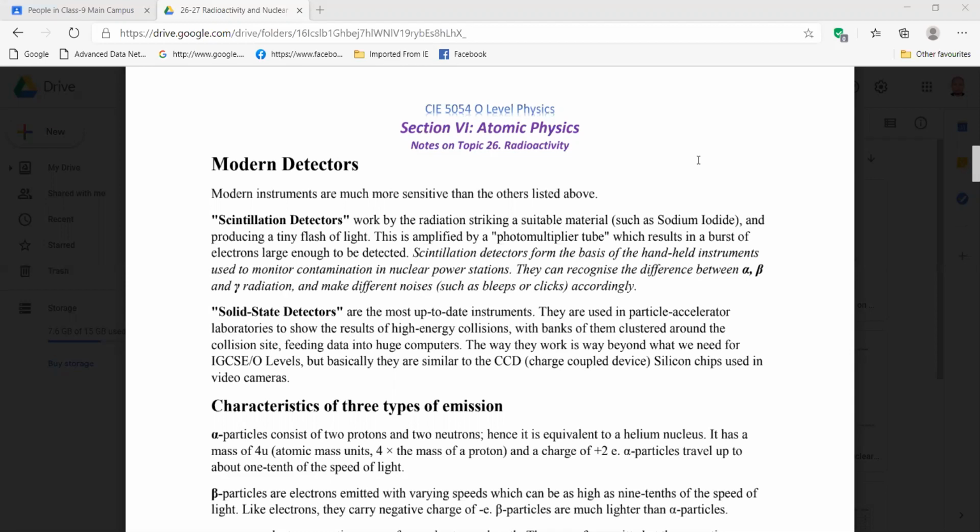So this scintillation detector is also one kind of hand-held instrument, which is detecting alpha, beta, gamma radiations in power stations. And for alpha, beta, gamma, they are giving different kinds of sounds. Okay, so it's a bit more updated and upgraded detector.